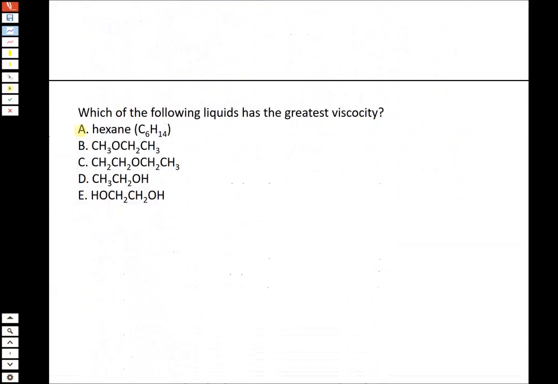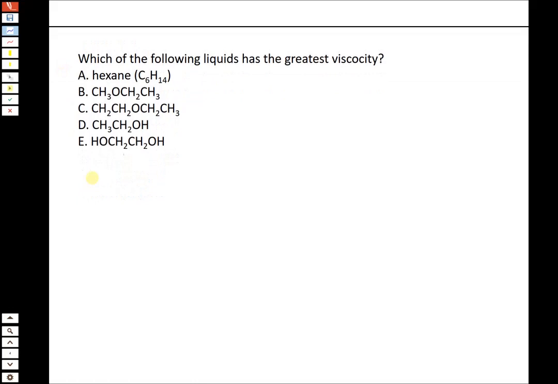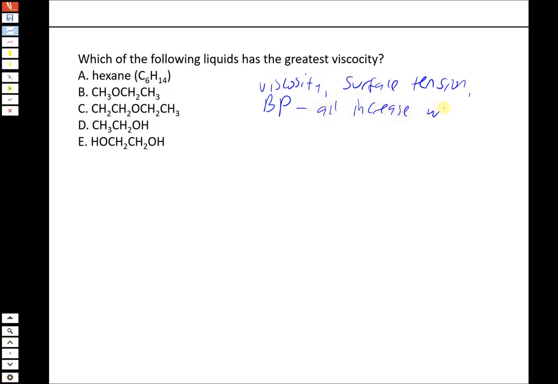All right, and then we're going to go on to a couple of problems that deal with the properties of liquids and how they relate to intermolecular forces. Now, in general, almost every property of a liquid increases with the intermolecular forces. So, viscosity, surface tension, boiling point, those are the three major ones, I suppose, but they all increase with, sorry, not with temperature, but with intermolecular forces.